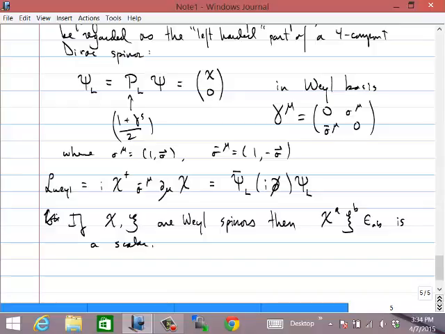So if you wanted to write down mass terms for a Weyl spinor, this is how you would do it. Okay. So that's something that hopefully you're a little bit familiar with.